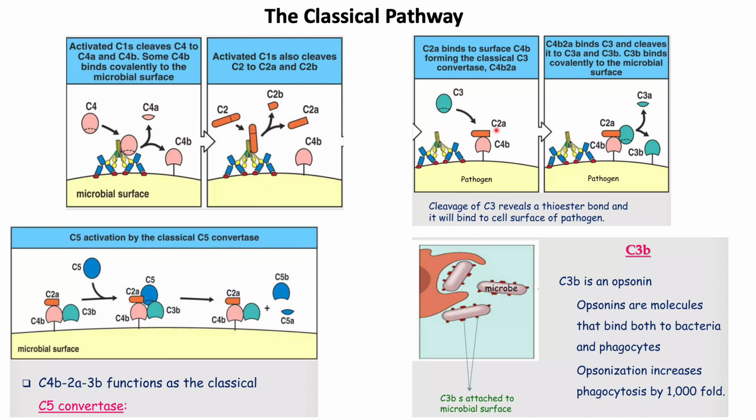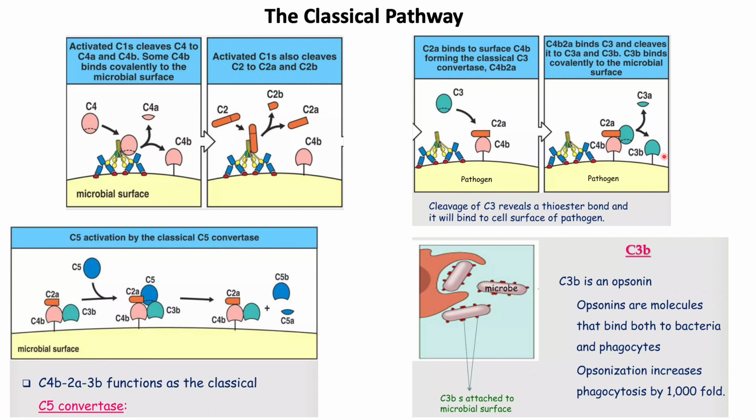So the C2A protein binds to the surface of C4B, forming the classical C3 convertase complex, which is the C4B2A complex. This C4B2A binds to C3 protein and cleaves it to C3A and C3B.